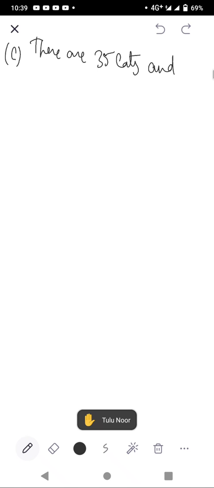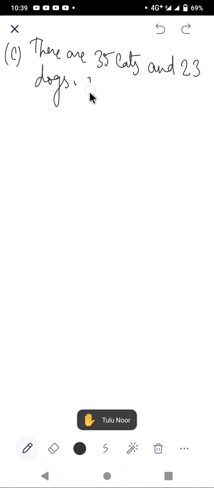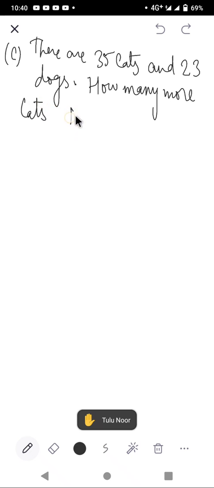Just listen and look carefully. How many more cats than dogs?